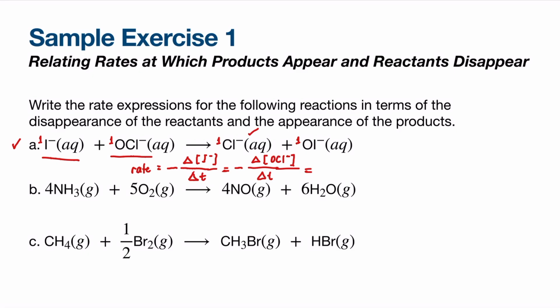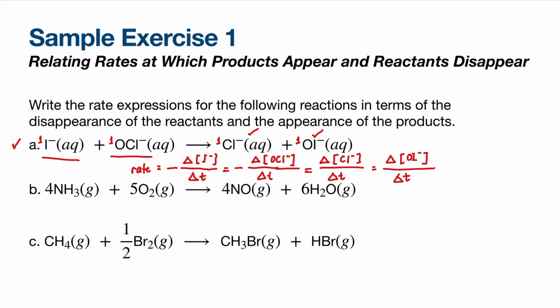So it would be simply the change in the concentration of chloride ion divided by the change in time. Also, this is equal to the reaction rate of this product, hypoiodide ion. And that is going to be change in the concentration of hypoiodide ion divided by the change in time.